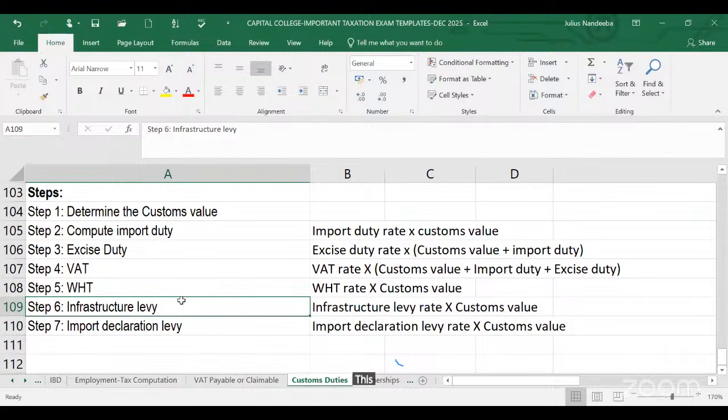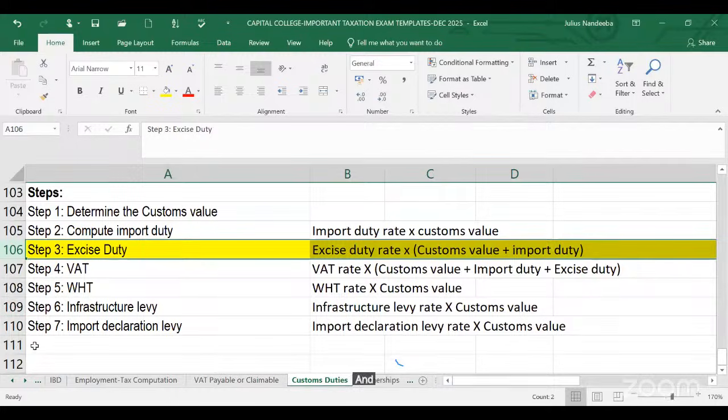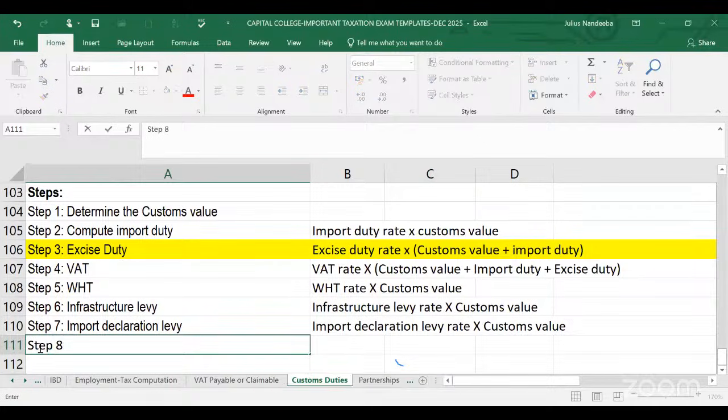This is when you are importing general goods. When you're importing a motor vehicle, you will not have this item. And you will only add another item called, so step number 8, only for motor vehicles, you'll have what we call environmental levy.